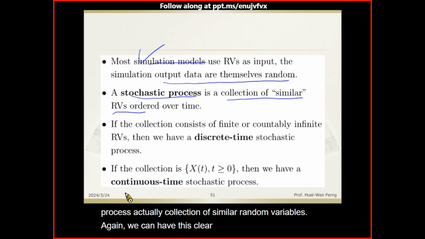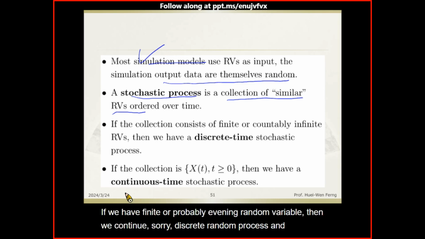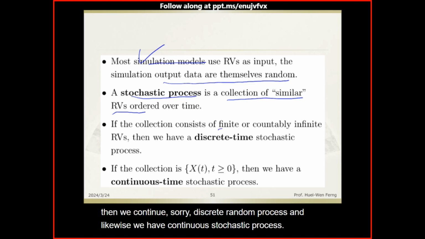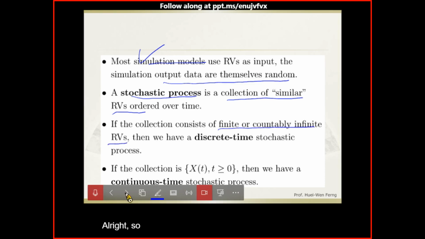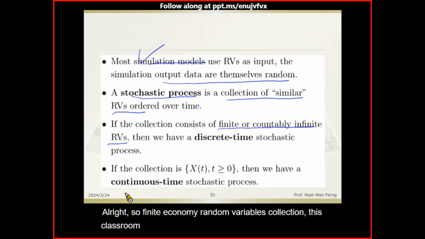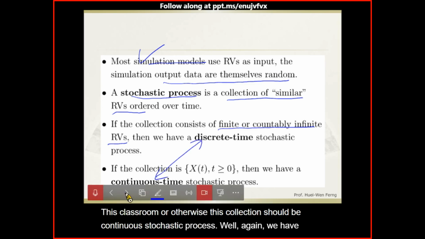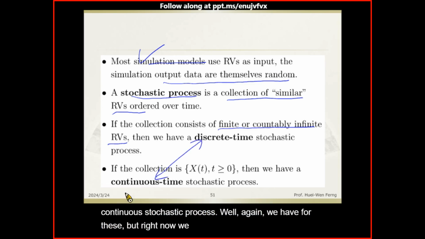If we have a finite or countably infinite collection of random variables, then we call it a discrete stochastic process. And likewise, we have a continuous stochastic process. Otherwise, this collection should be a continuous stochastic process. Well, right now we talk about stochastic process.